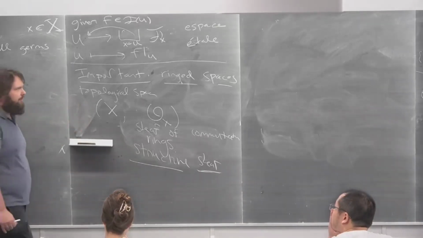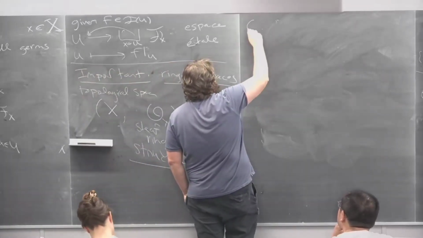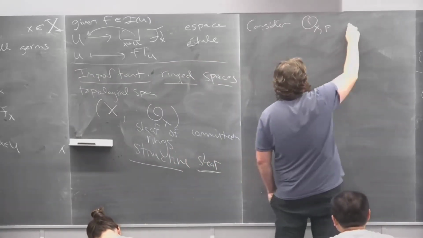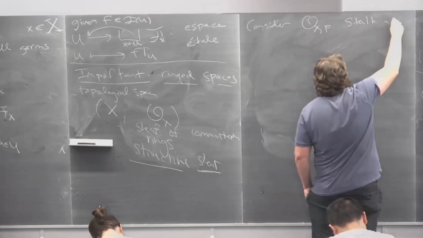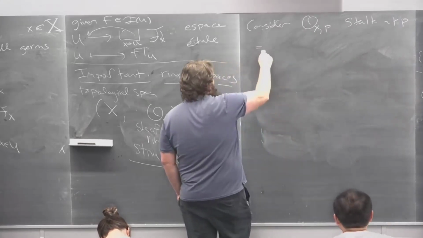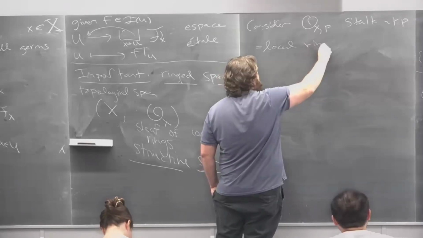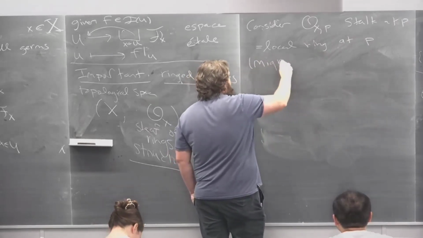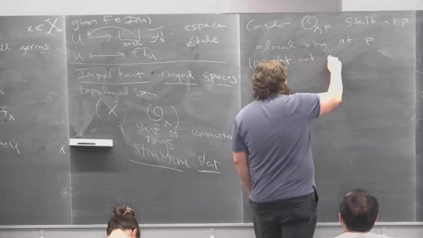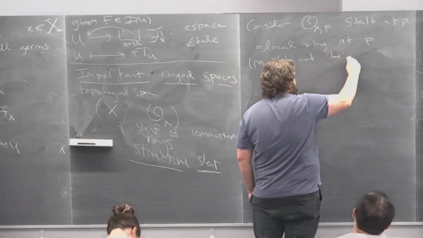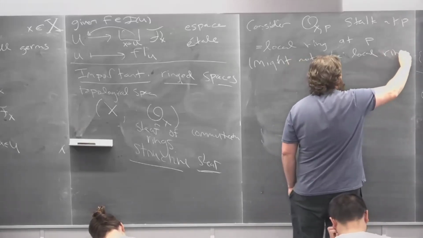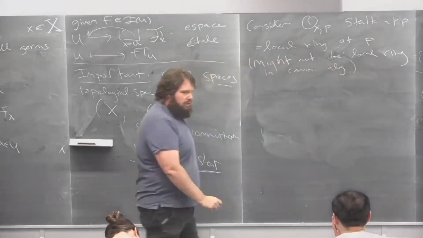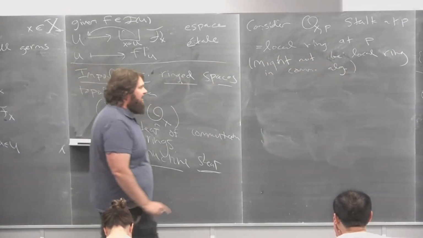All right. So once I have this, now I want to play all my sheaf games. It's common to consider the stalks of this, O of X comma P, the stalk at P. This is called the local ring at P. I don't actually want to assume that this is a local ring in the sense of commutative algebra, but this is where the terminology local ring came from, though probably not stated in these terms.